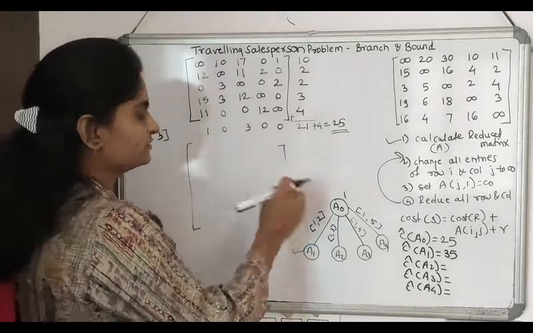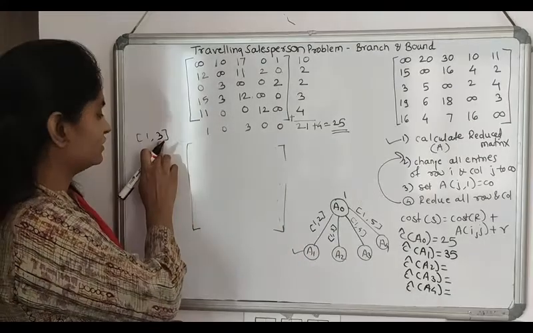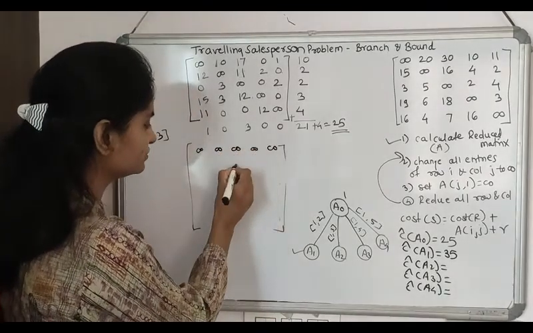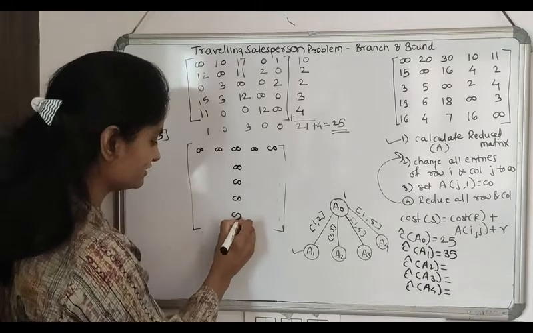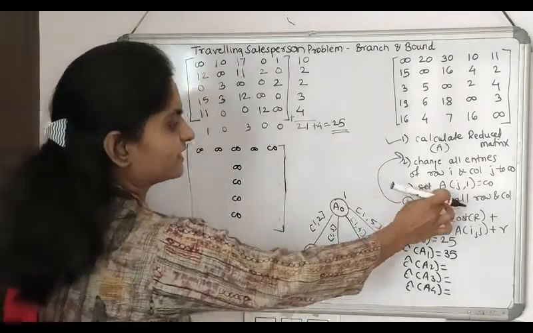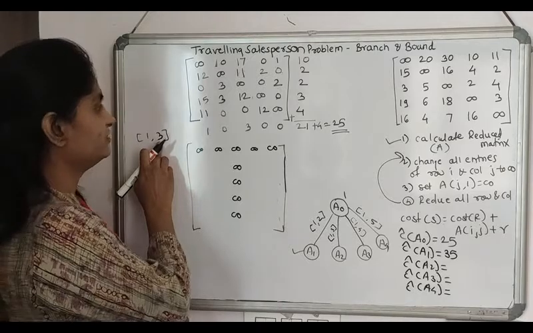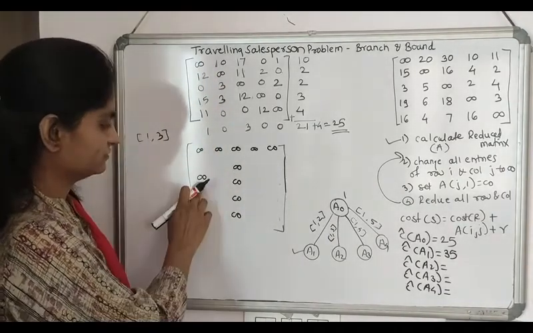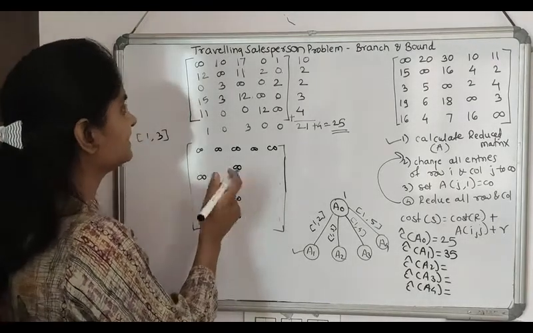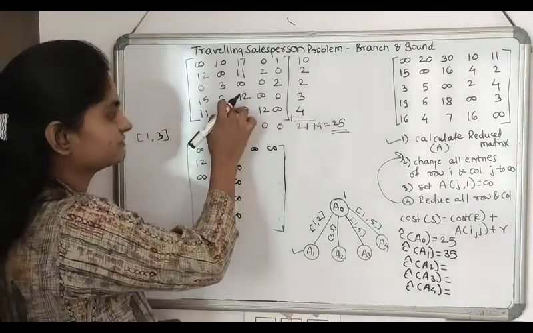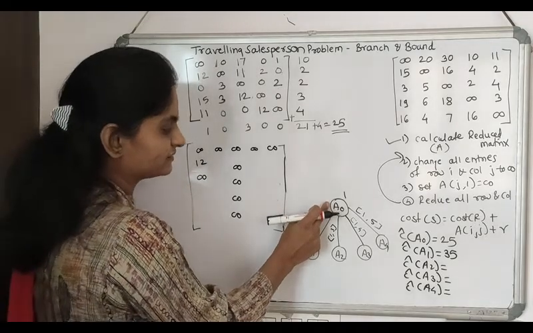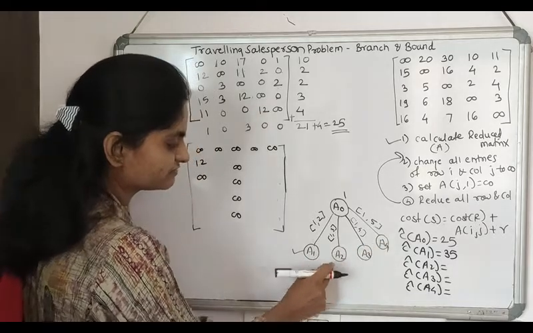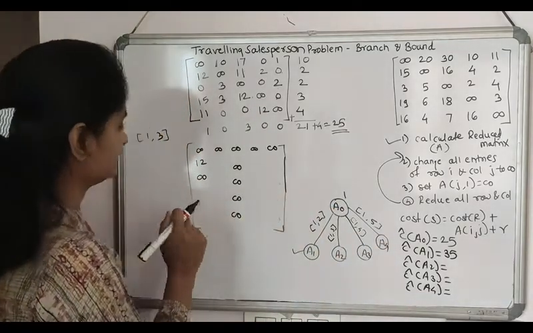First, change all entries of row 1 and column 3 to infinity, that is, the first row and third column are set to infinity. Then set A of j1, that is A of 3, 1, in the third row, first column, to infinity. Then for the remaining entries, use the A0 matrix. For finding all the costs, A1, A2, A3, A4, use this A0 matrix.